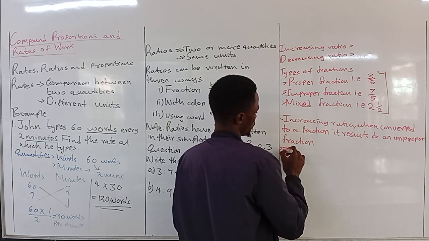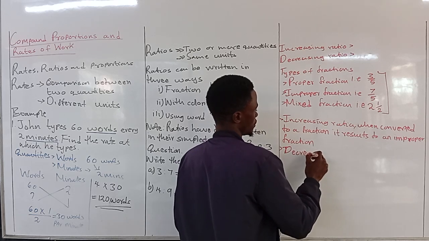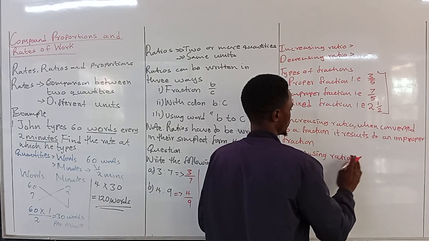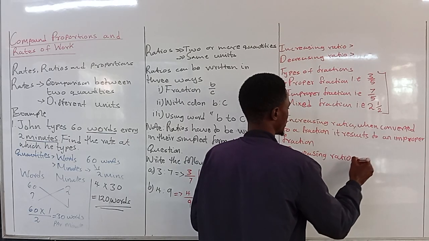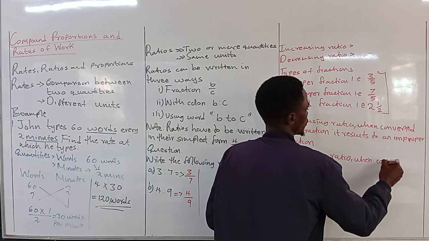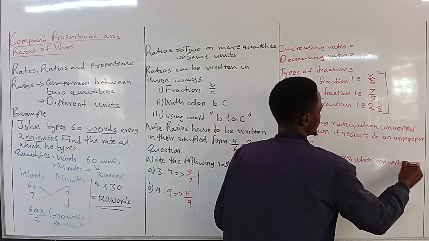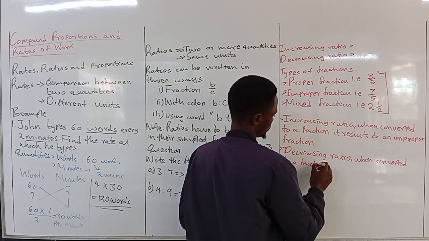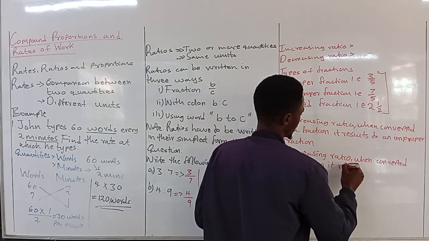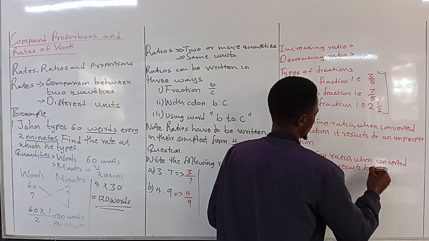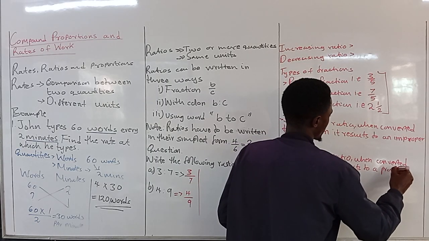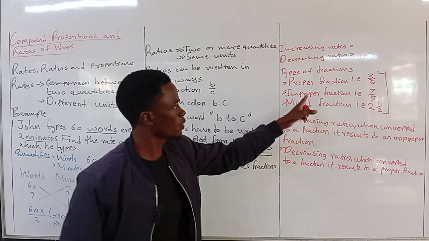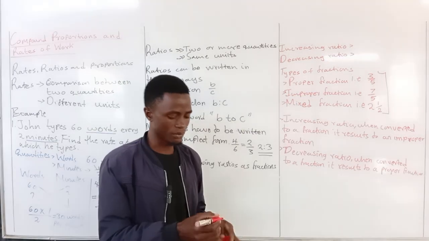Then number two, for a decreasing ratio, when converted to a fraction, it results in a proper fraction. This is the reason why I introduced these types of fractions.